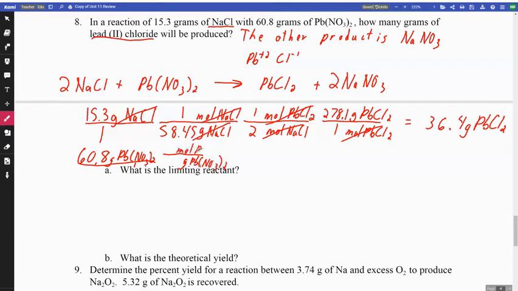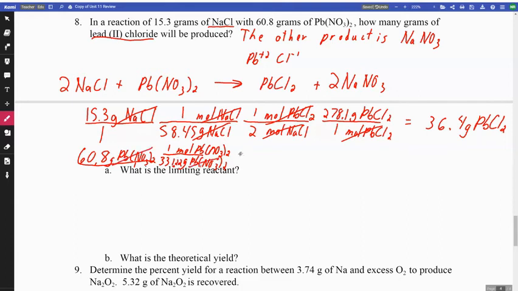Moles of that goes on top. One next to moles. Molar mass next to grams. So that's going to be a really big number. 331.22. Oh, there's supposed to be a point there. There we go.